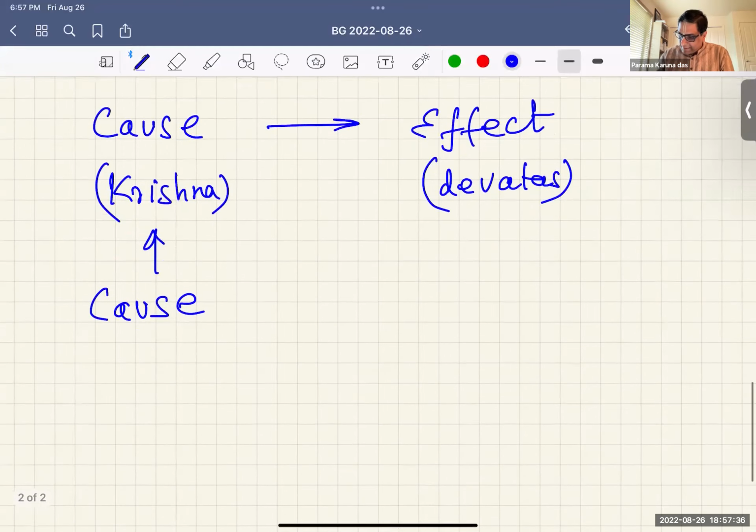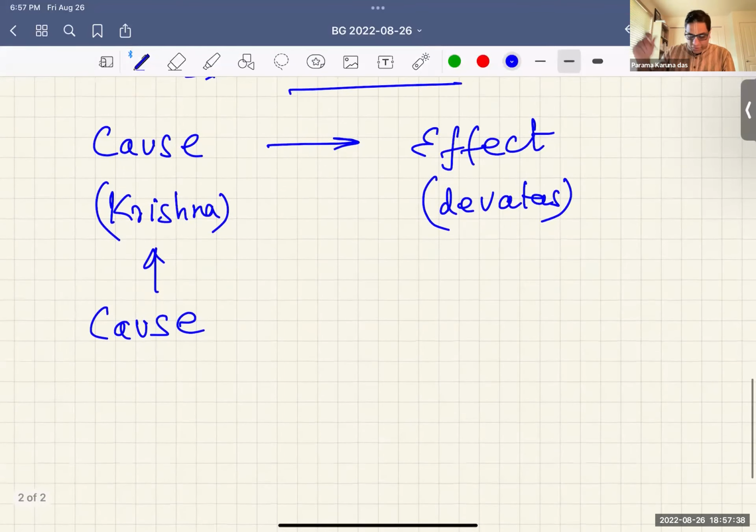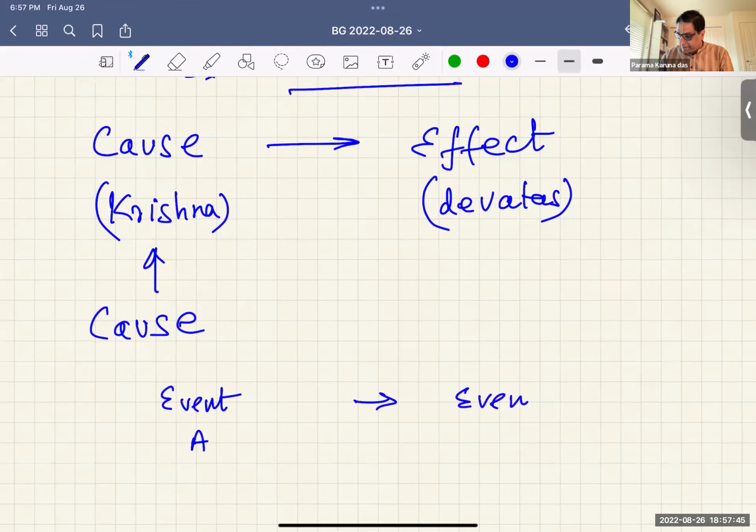So, going into a little bit of a philosophical discussion, there is some event A and event B. Event A is the cause of event B. So if you want to study why event B happened, you must find the details of event A, the cause.